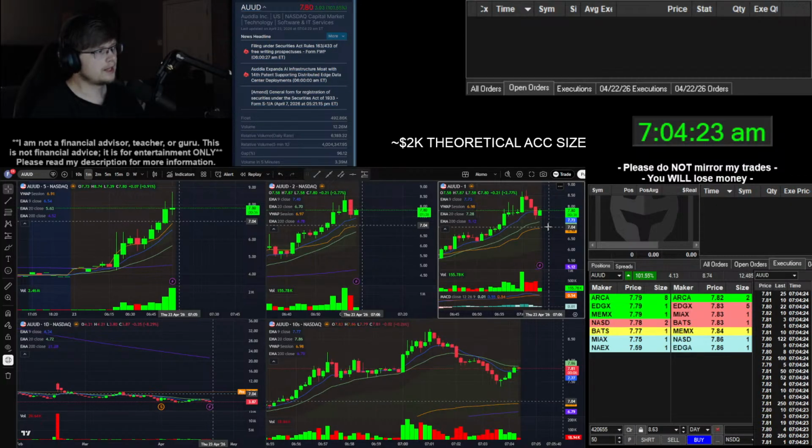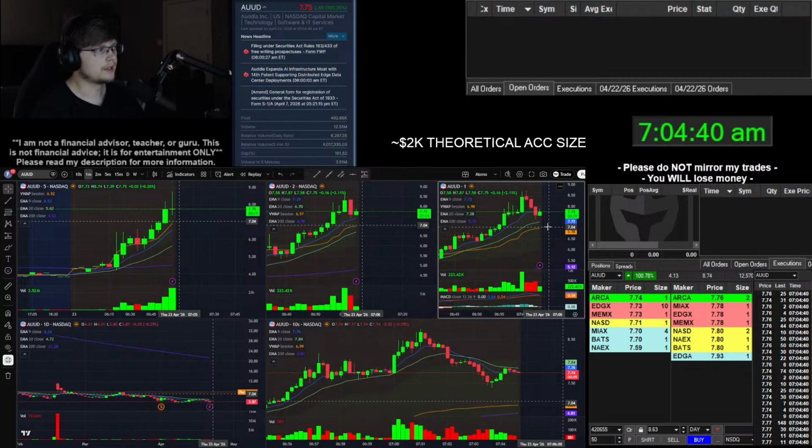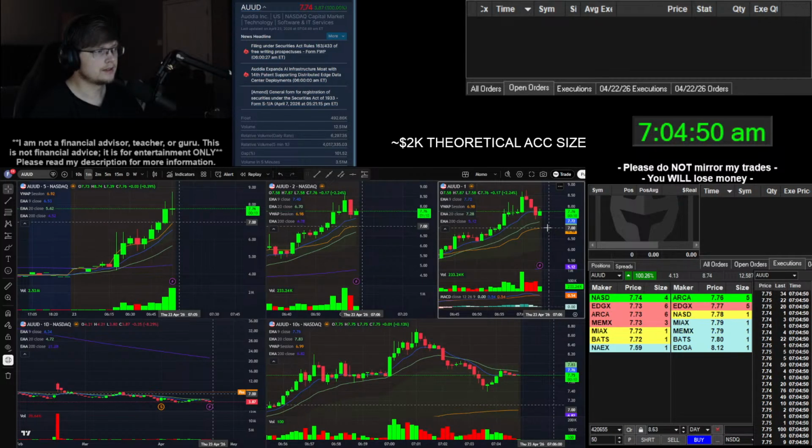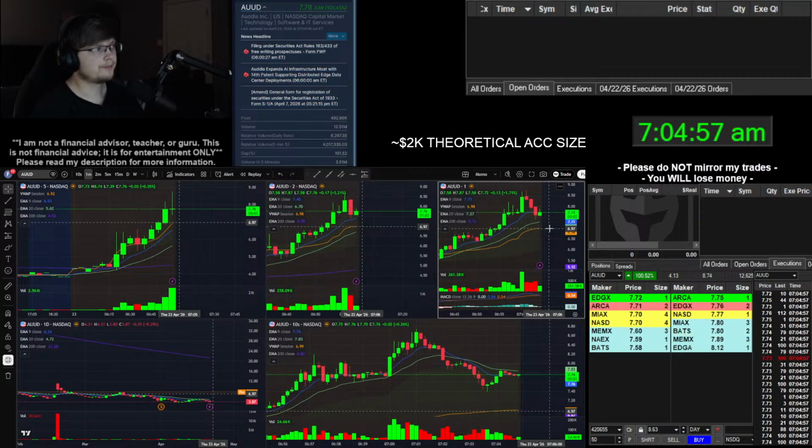So that's the maximum position size you could trade. But I think 3% may be a little bit high. When it's that high, it can start triggering emotions when you're losing. So I decided to reduce it down to 2%, which is more in line, I think, with what Ross risks on his trade. For example, if he has a $200,000 account size and he risks 2%, he would be risking $4,000.